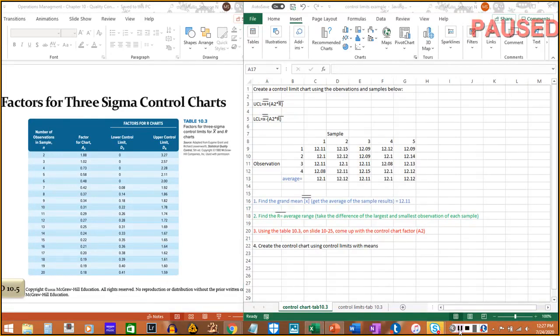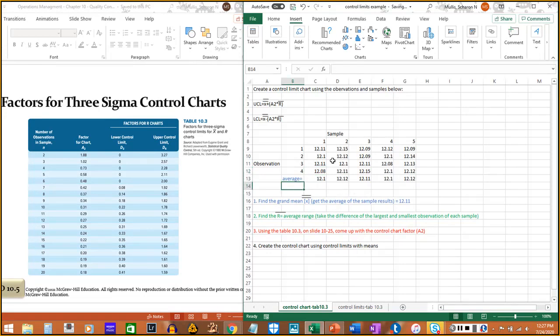The next step is to find the average range. To do that, you take the largest and the smallest observation of each sample. So for sample 1, I would take 12.11 and subtract 12.08, which would give me 0.03.